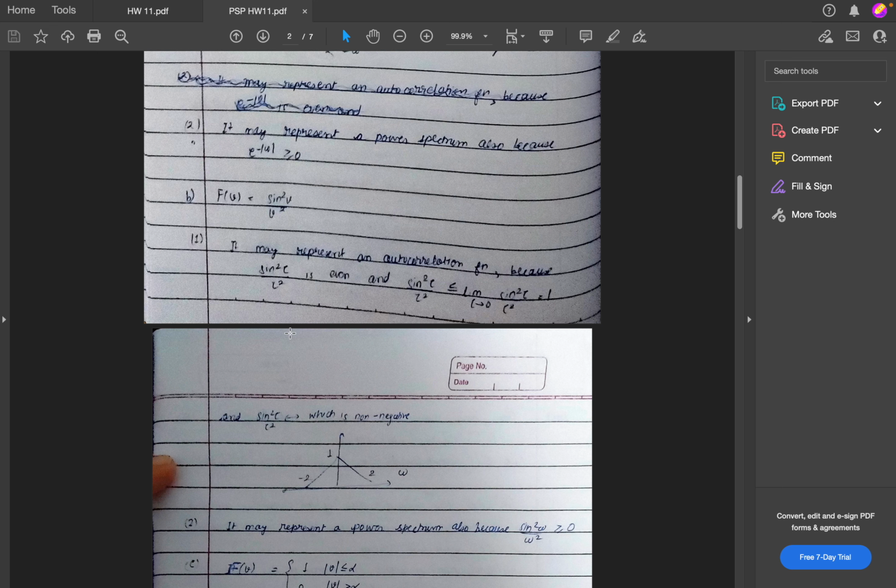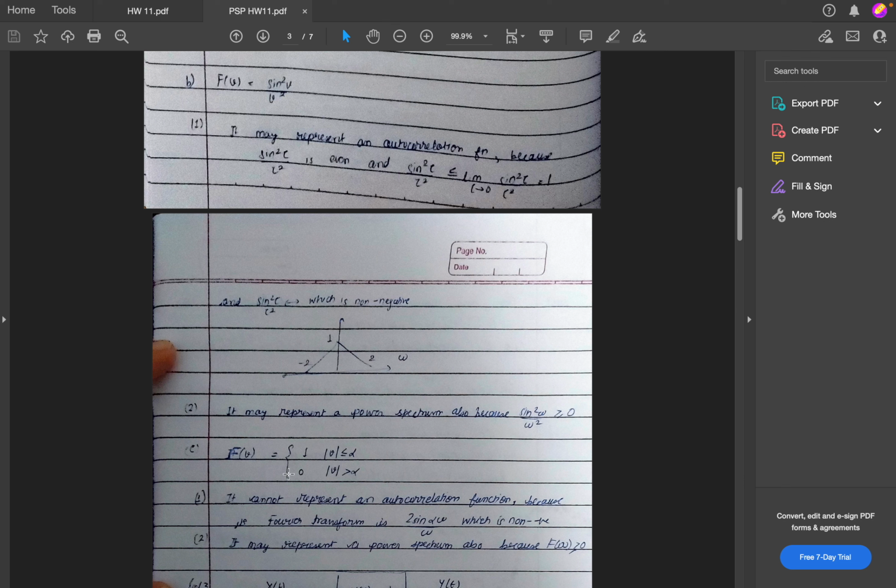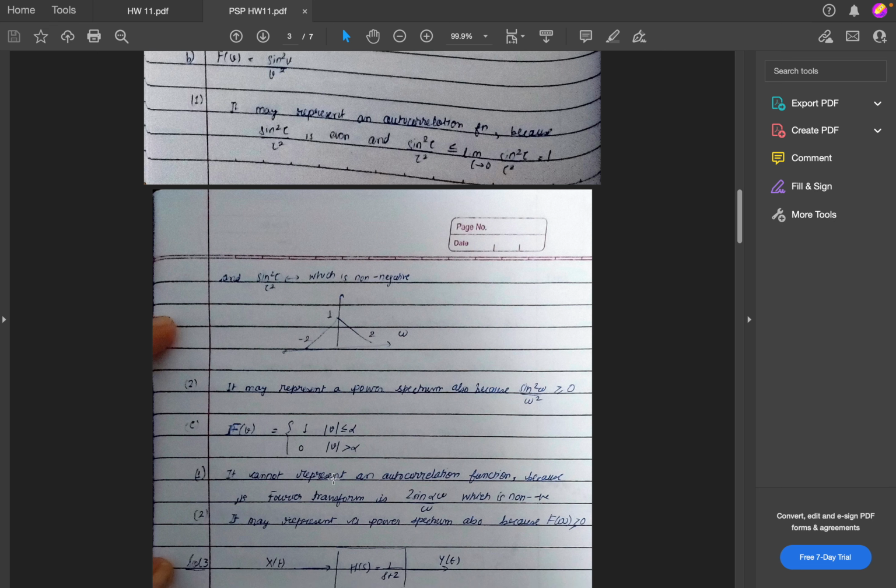Moving on to the third part, we are given that f of v is equal to 1 for mod of v less than or equal to alpha and 0 for mod of v greater than alpha.